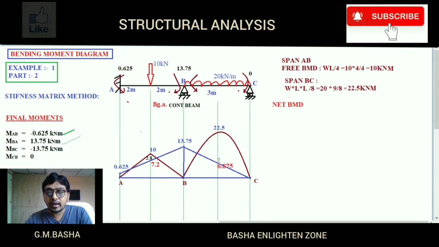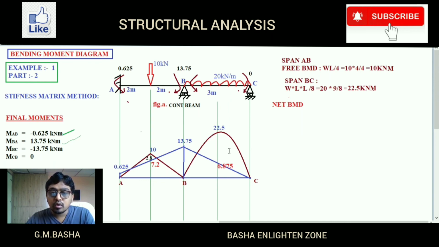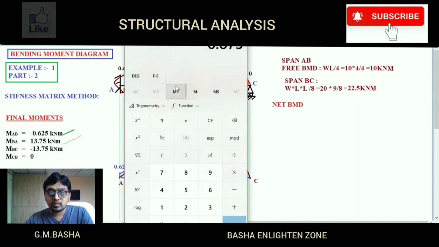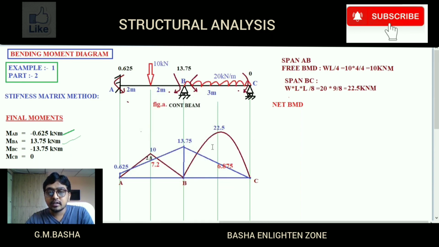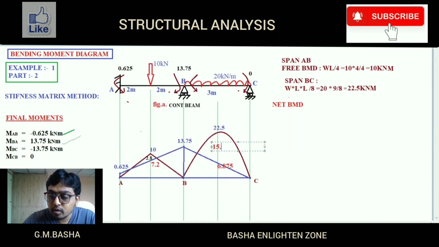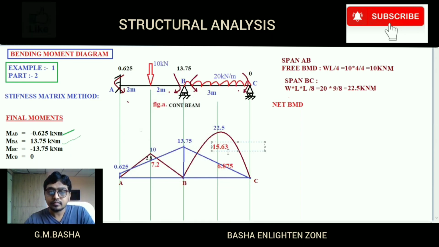Again, if I want the net bending moment value, I have to remove this 6.875 from this 22.5. 22.5 minus 6.875 is 15.63. So that value will be 15.63.